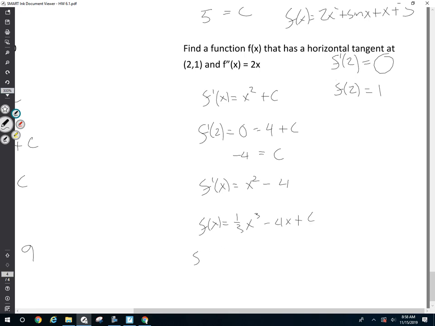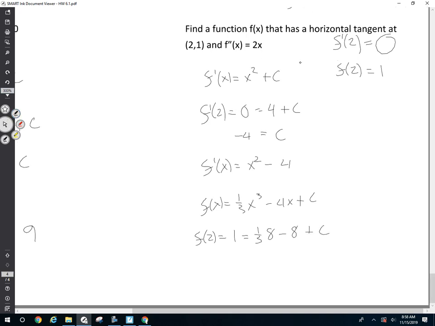f of 2 equals 1. We'll finally have some fractions to work with. 1/3 times 2 cubed minus 4 times 2 plus c. So 1 equals 8/3 minus 24/3 plus c.